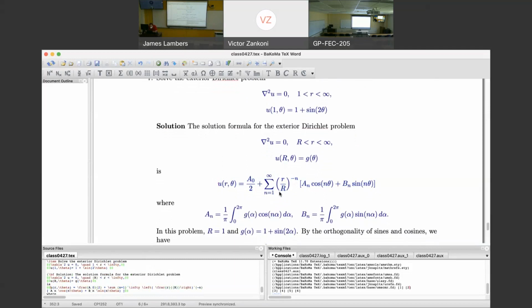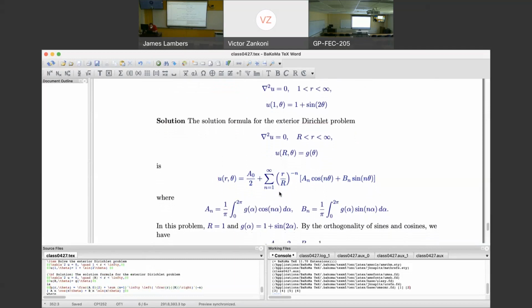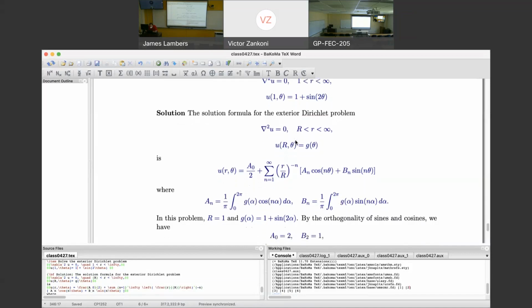So in this case, we're taking the Fourier cosine and sine series coefficients of our initial data. So because we have a constant term here, that means that A0 is going to be... Sorry.